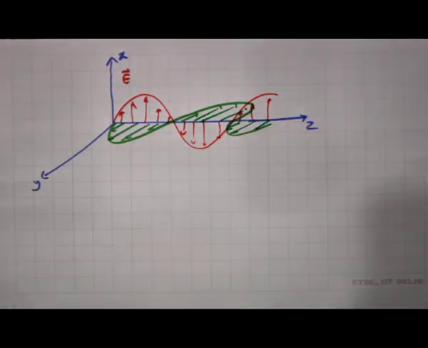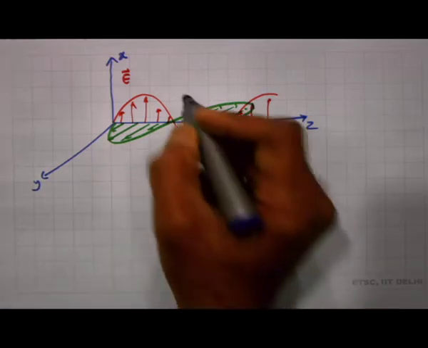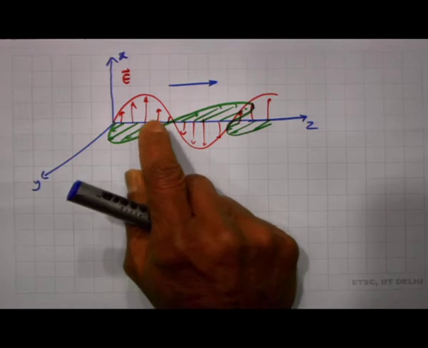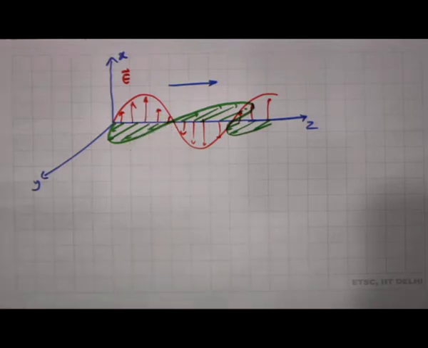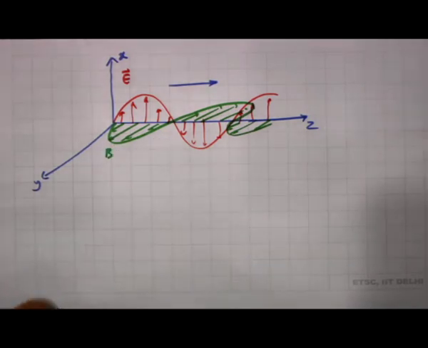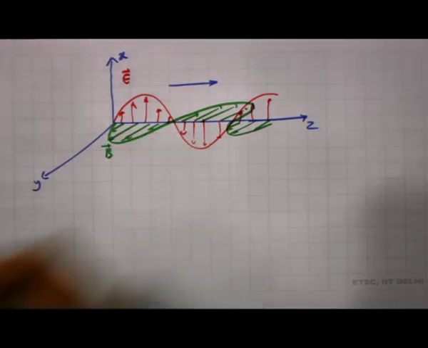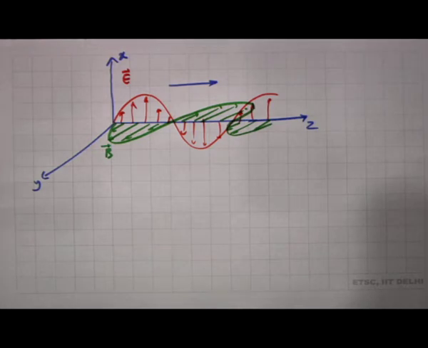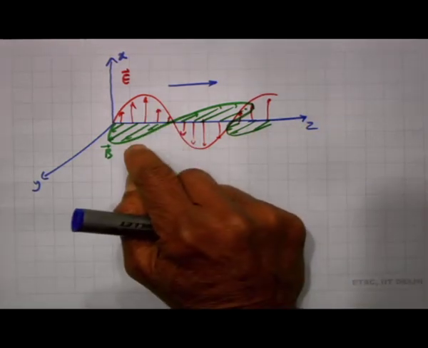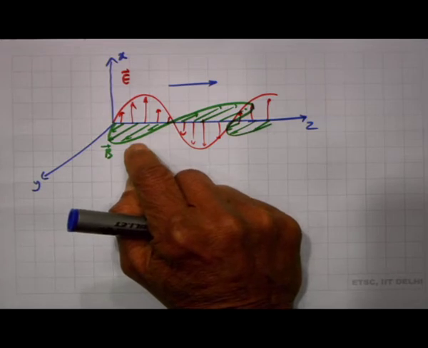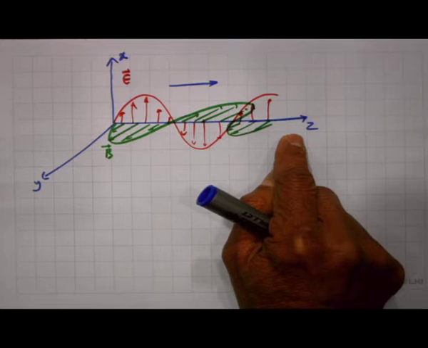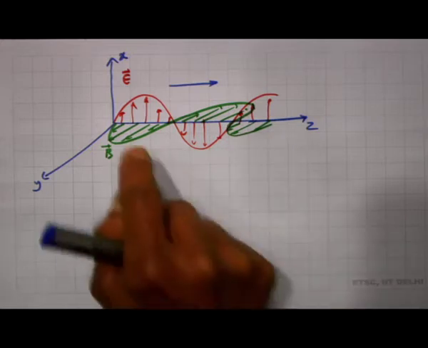So, as the figure shows, when the wave is propagating in the plus z direction, the electric field and the magnetic field are perpendicular to the propagation direction. This is the magnetic field here. The electric and magnetic fields are perpendicular to each other, and both are perpendicular to the propagation direction of the electromagnetic wave, and also they are in phase.